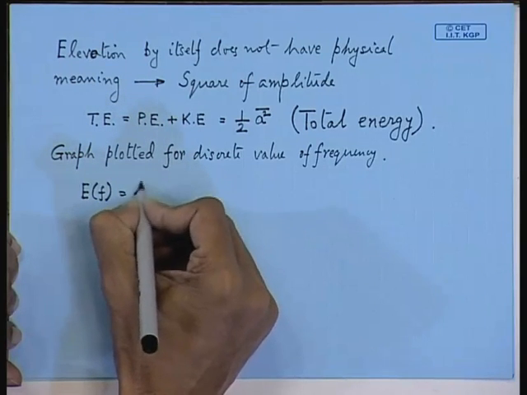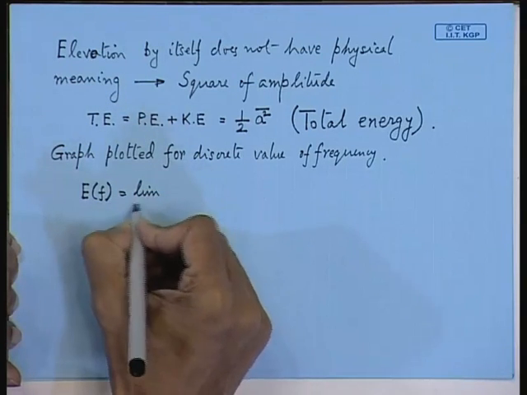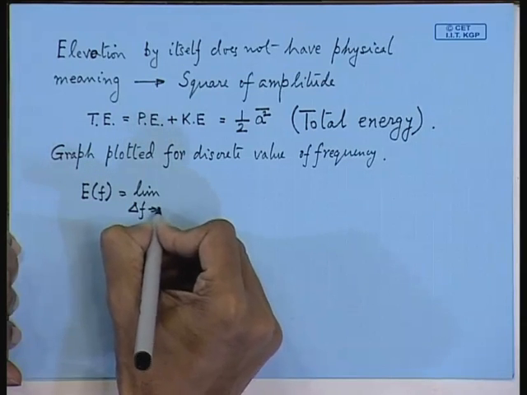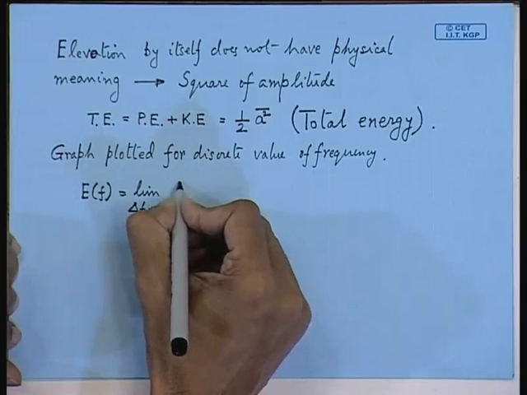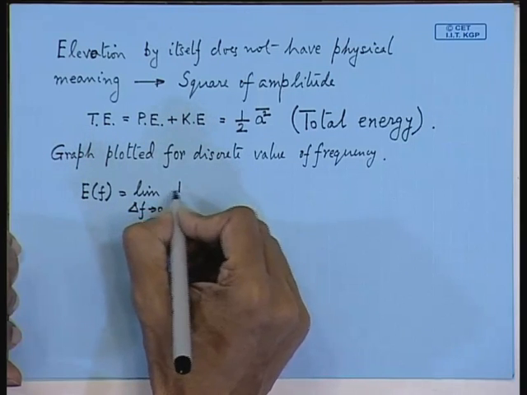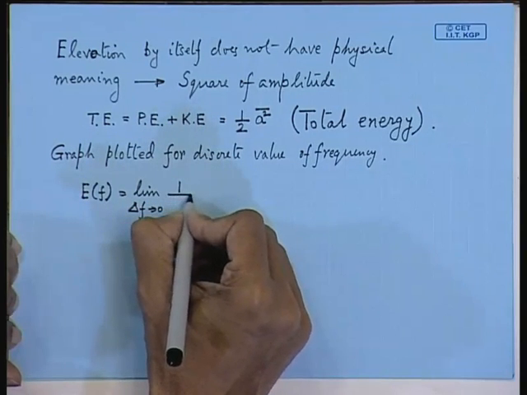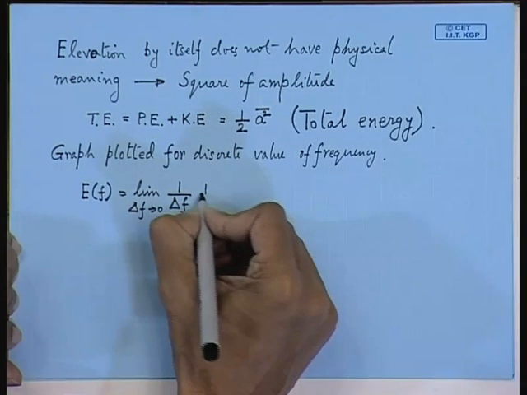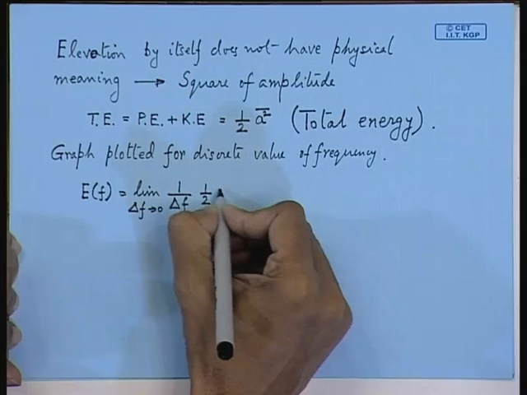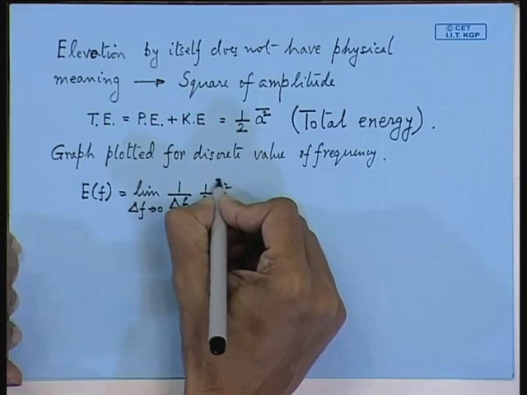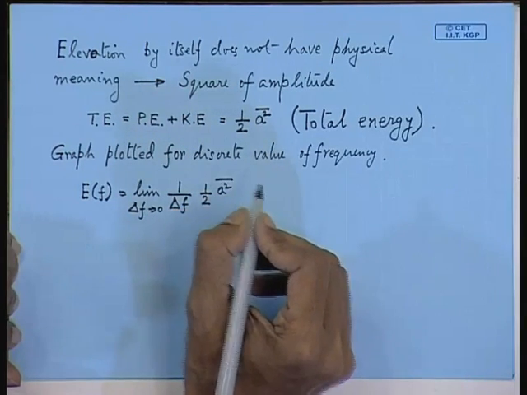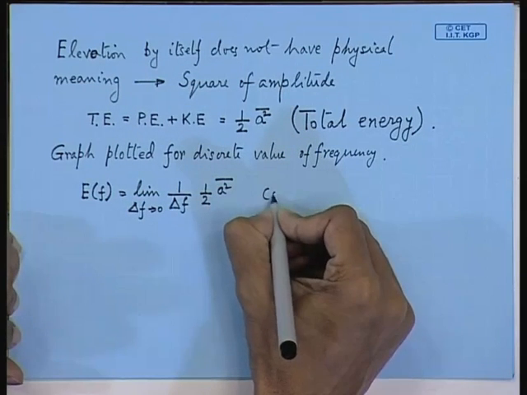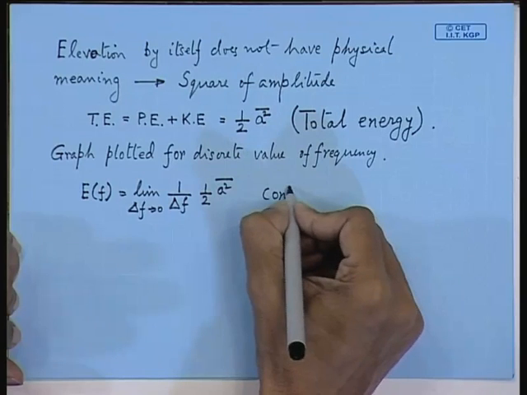So, in the limit you take delta f tending to 0, and this will be 1 by delta f times half of the amplitude square. So, this is a continuous function instead of a discrete function.